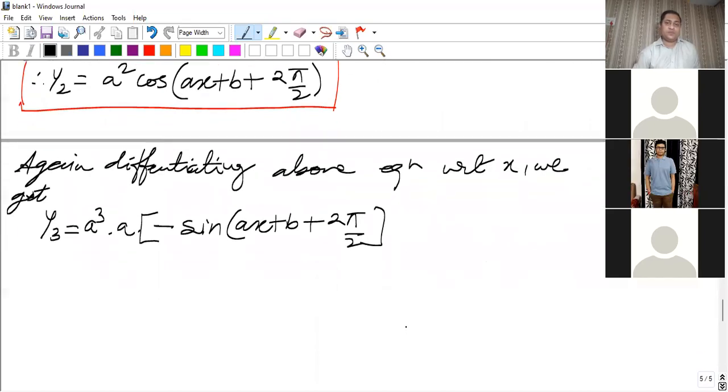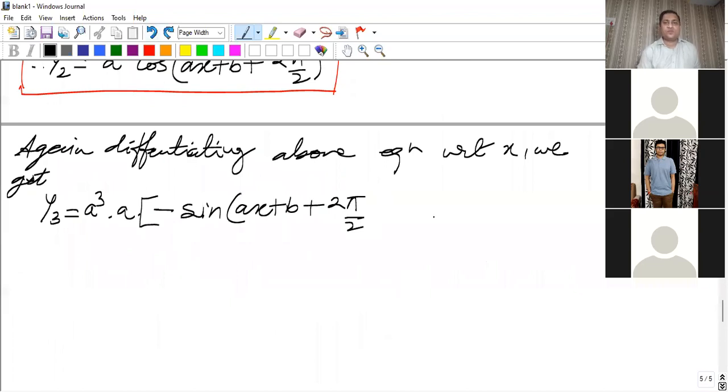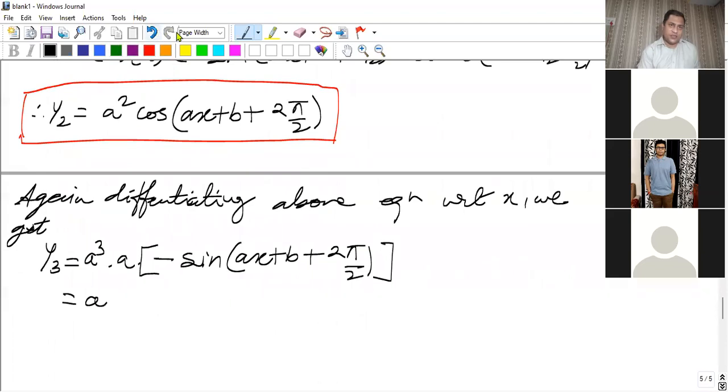Is that okay? But this should be a square, yes. So this is a square, and now it will become a cube. And this term will be cos of, so we can convert minus sine to cos.